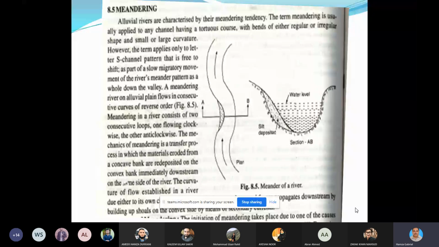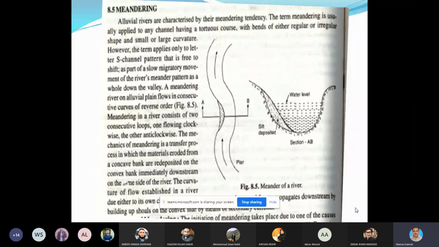But this term meandering usually is applied only to the letter S channel pattern, where you see the English alphabet S channel pattern that is free to shift.